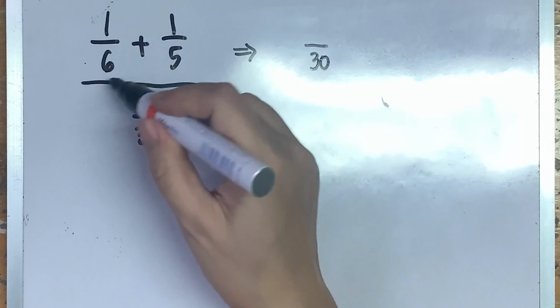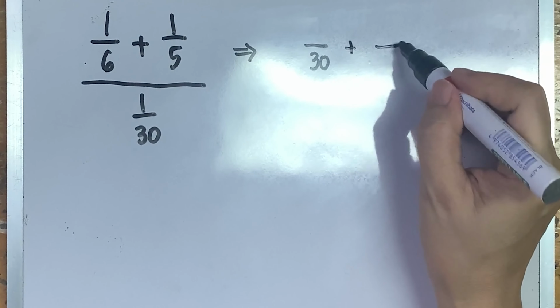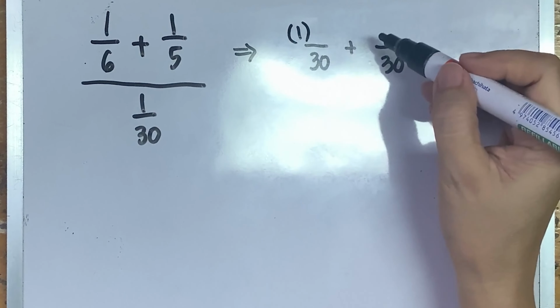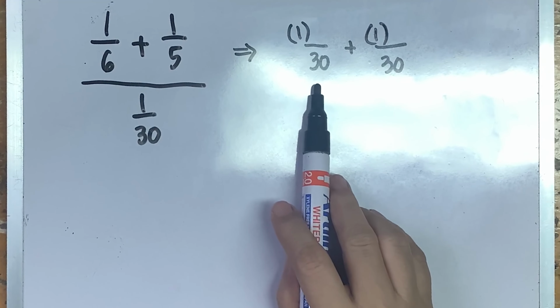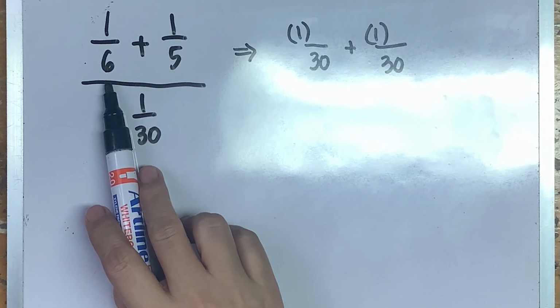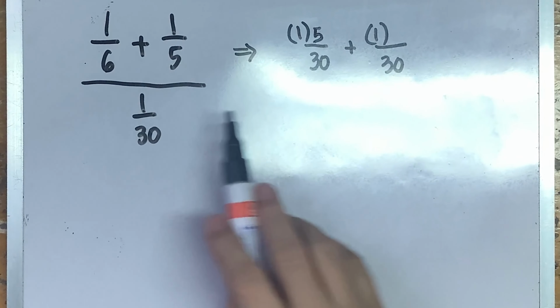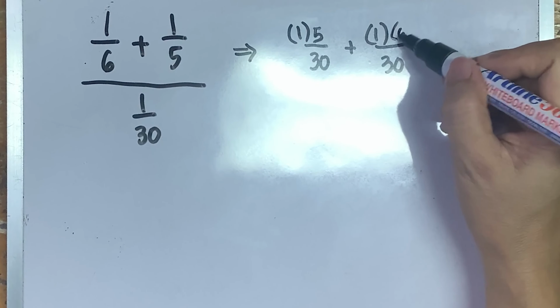We simply multiply 6 and 5, so that we have 30. And then we just write the numerator, so it's easy for us. Now let's divide. 30 divided by 6 is 5, so we multiply this by 5. And then 30 divided by 5 is 6, so we multiply this by 6.